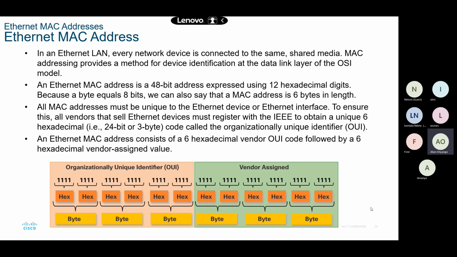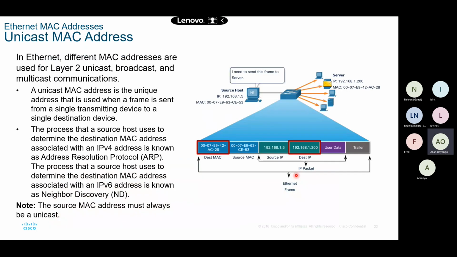So IEEE registers all the gadgets throughout the world, and it gives them a unique OUI for the first 6 hexadecimal numbers. That's how MAC addresses remain unique throughout the world, regardless of the vendor. So there are 3 types of MAC addresses.